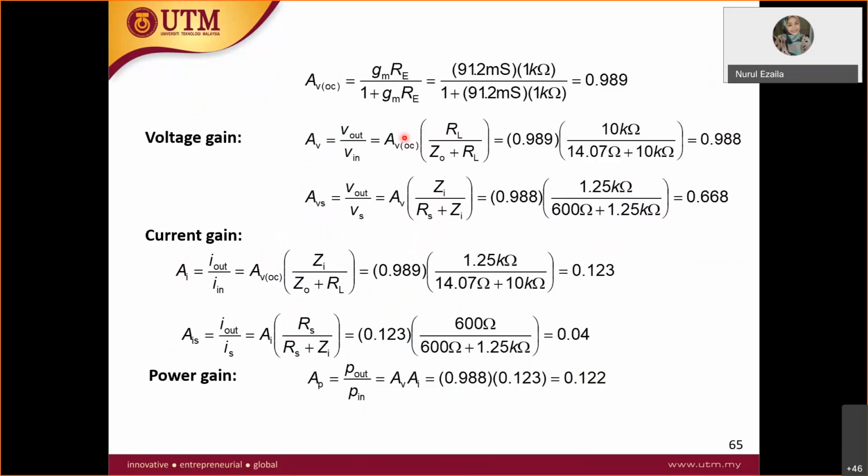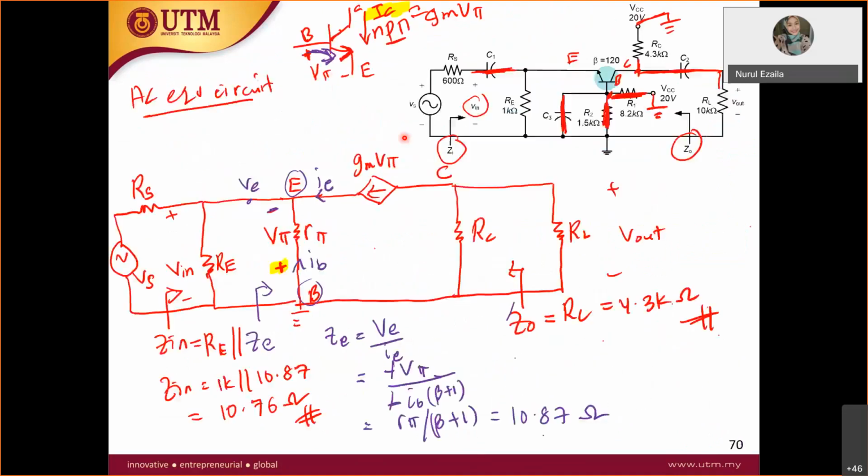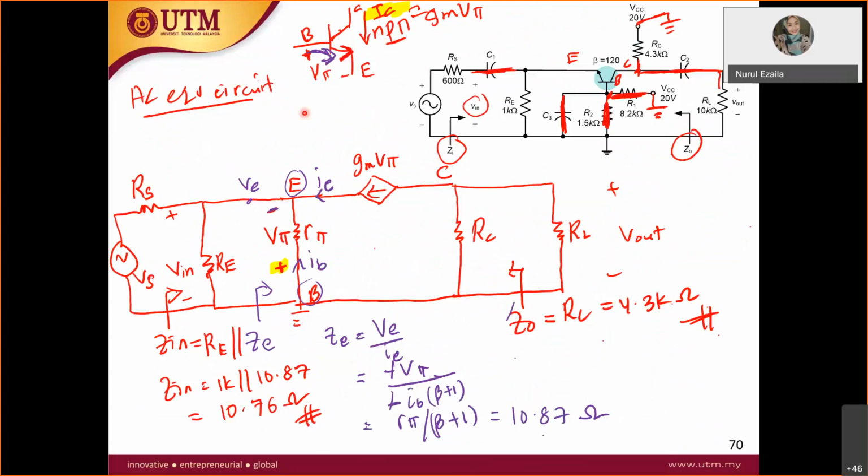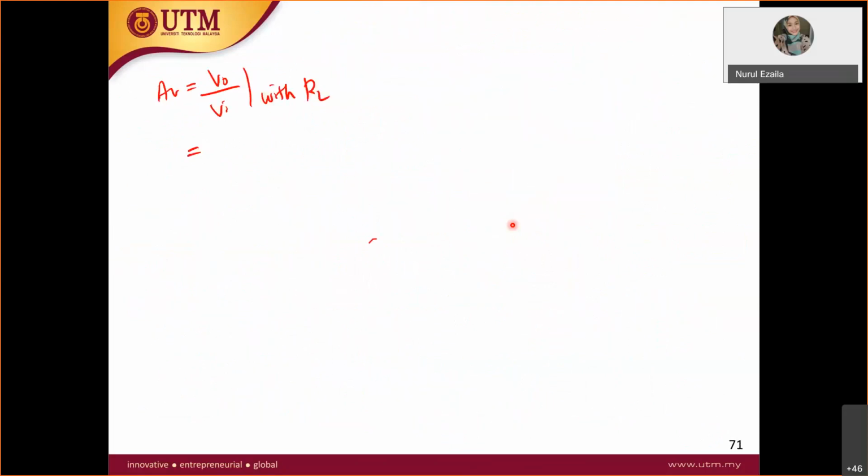Same goes to here. I want to find AV with RL, therefore it is equal to the voltage across these two resistors. You need to parallel RC and RL. Are you all clear? Yes, teacher. All right.